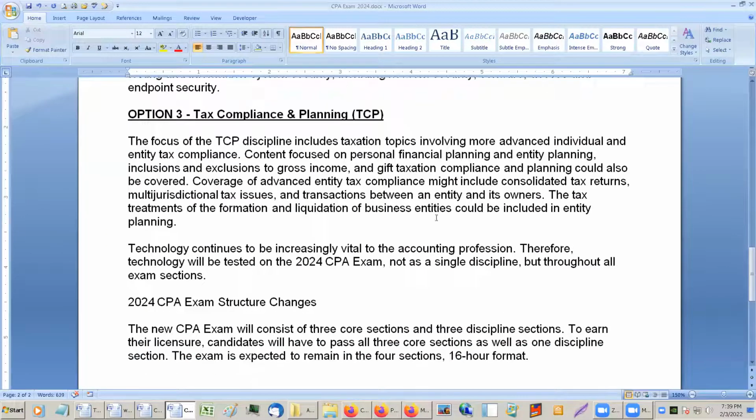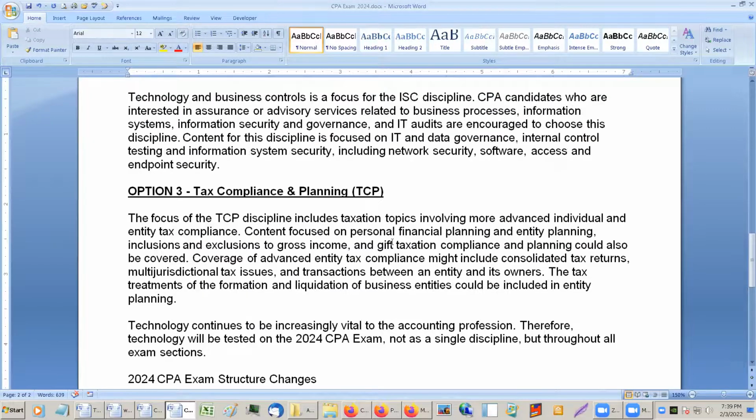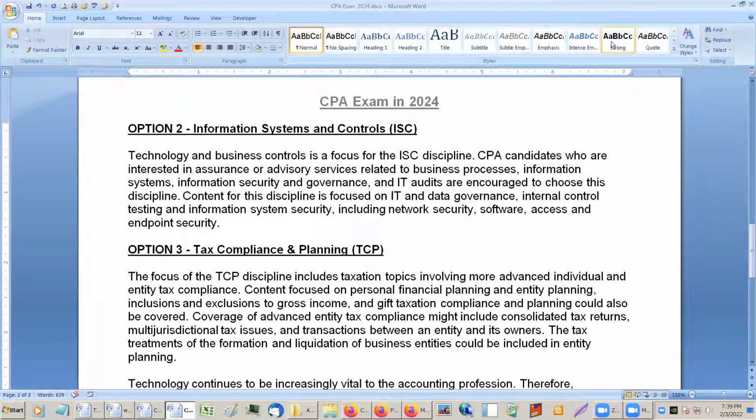And, in case you're wondering, that's kind of the new thing. It's going to be a core of 3 different courses, tests that are there, and then you get to pick one of the other ones, and you have to pick one of the other ones.